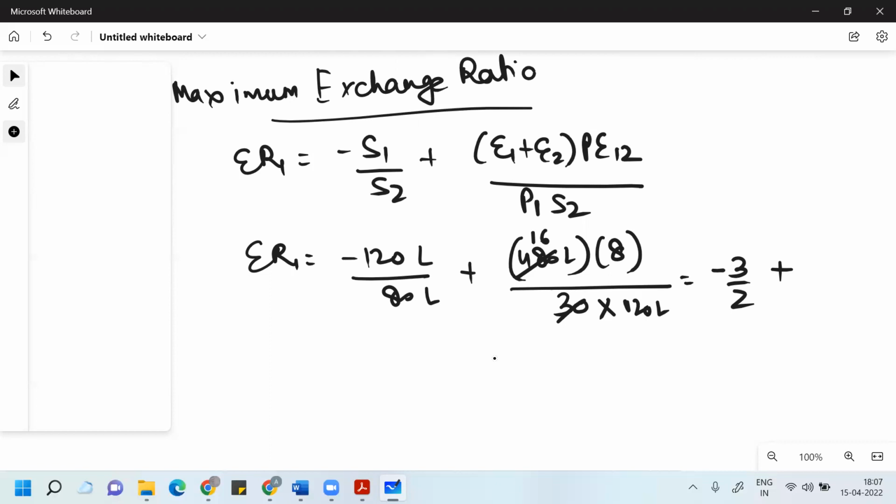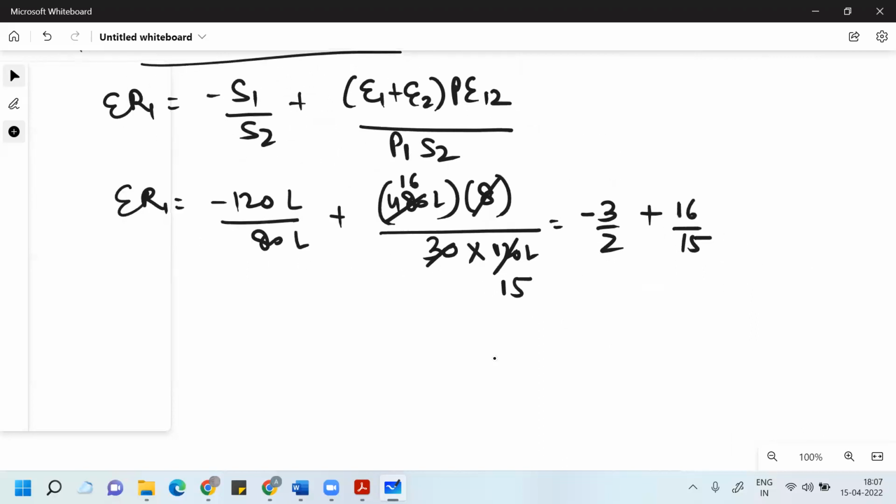Then I can write this as 16 by 15. If I take the LCM of 2 and 15, it will be 30.